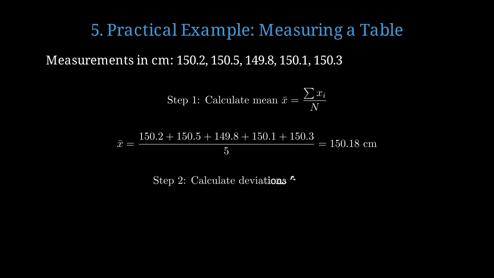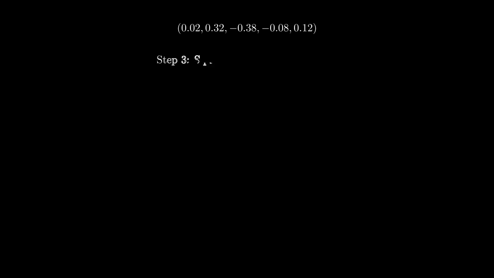Step 2. Calculate how much each measurement deviates from the mean. The deviations are 0.02, 0.32, negative 0.38, negative 0.08, and 0.12 centimeters. Step 3. Square each deviation, then calculate their average.